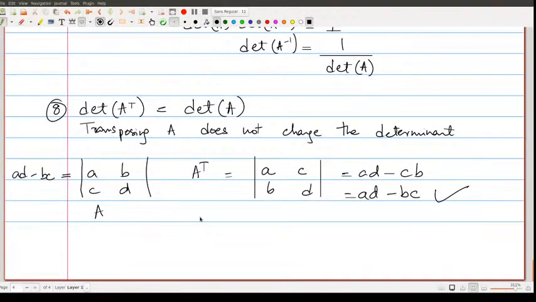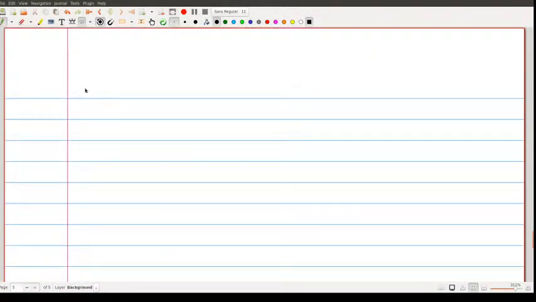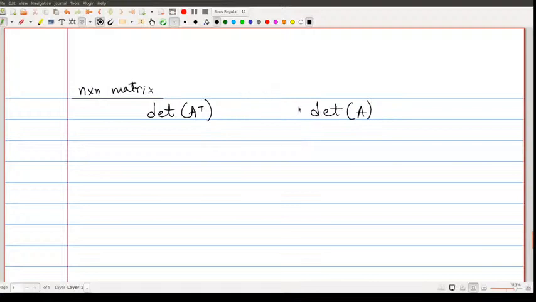And we can see that this is true for an n by n matrix too. For example, if I want to take the determinant of A transpose and compare it with the determinant of A, let's factorize A as LU.